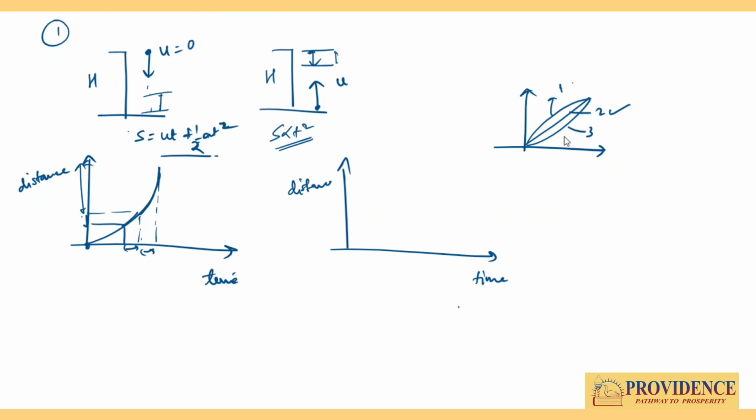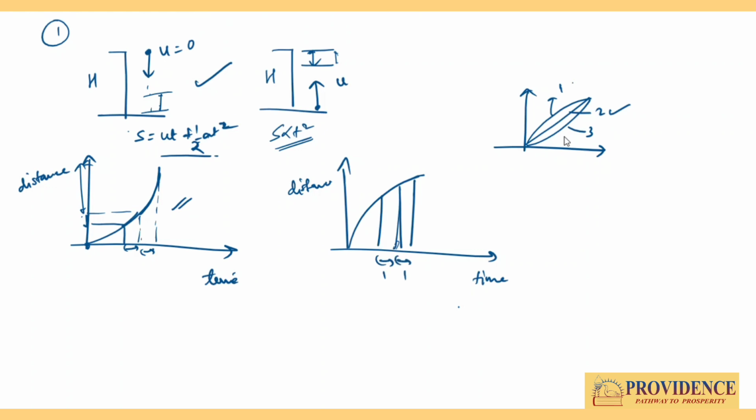So in which case is the velocity increasing? This particular case. For this one the velocity should be decreasing, isn't it? Because you see, let us take this, this is also 1 second, this is also 1 second.